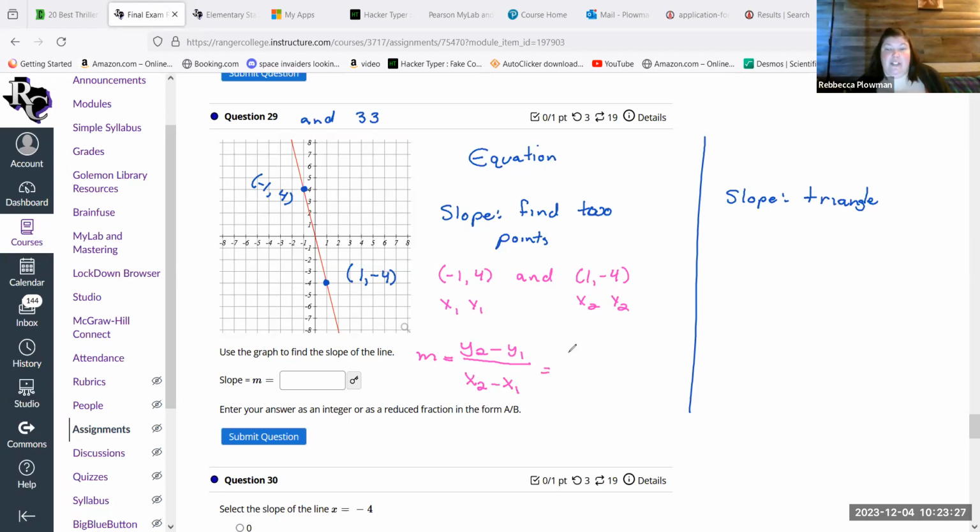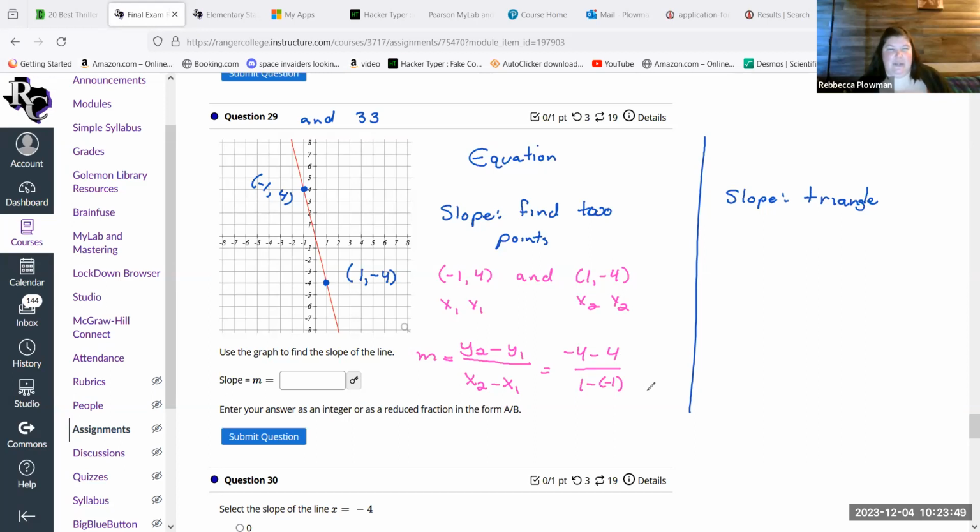So we said that y2 will be -4, and then we subtract the y1, and the y1 was a +4. Then we do the x's, and we said x2 is 1, and x1 was a -1.